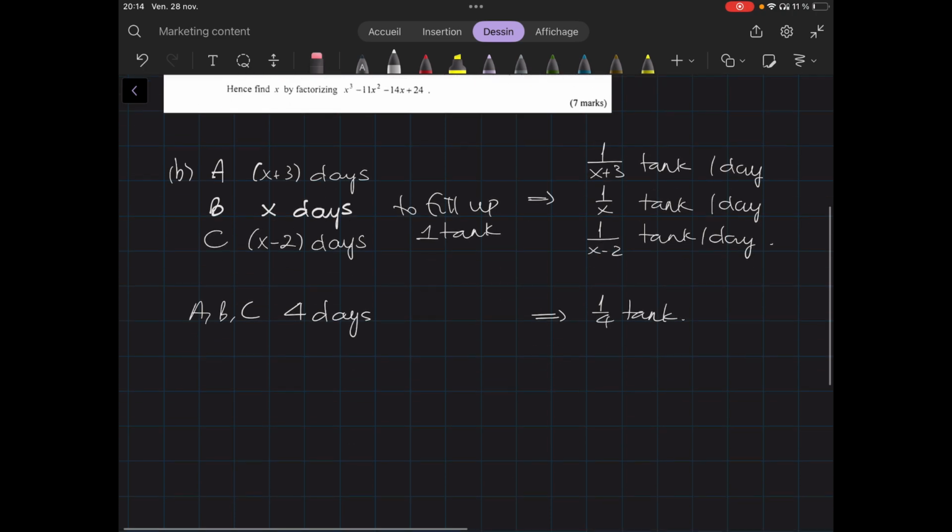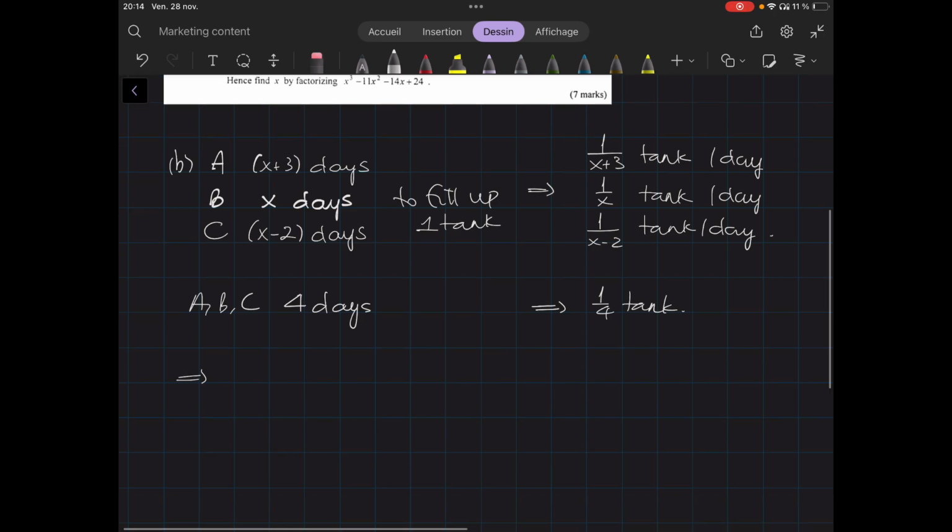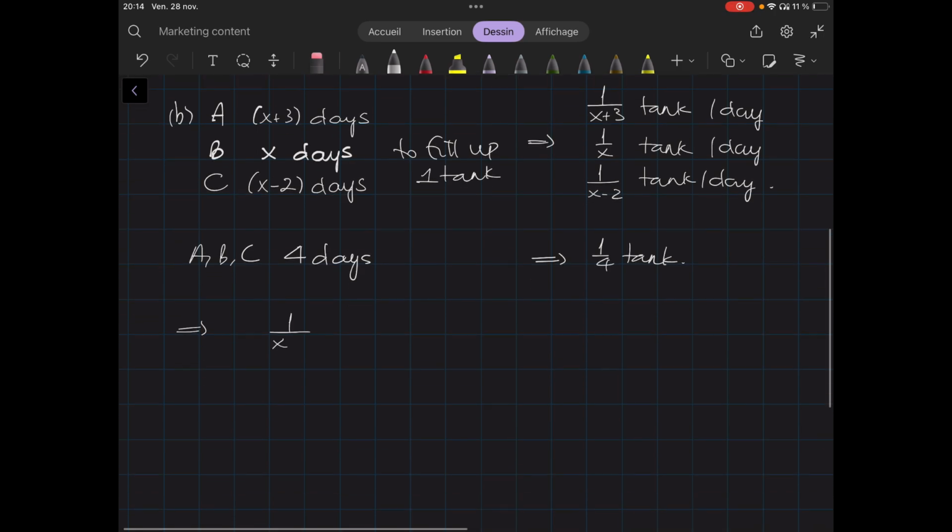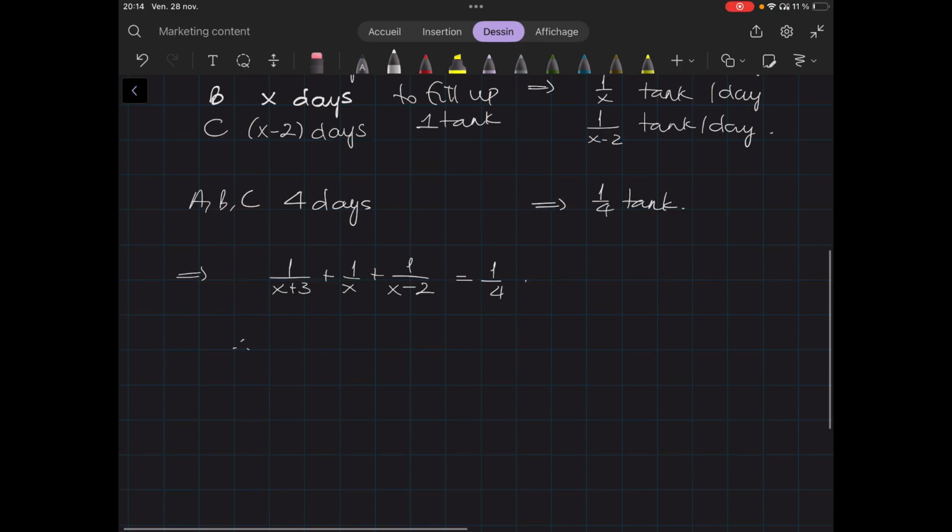And from this information, we can then put together an equation. Adding the contribution from each pipe, we will get 1 over 4. We are now just going to add the 3 fractions.